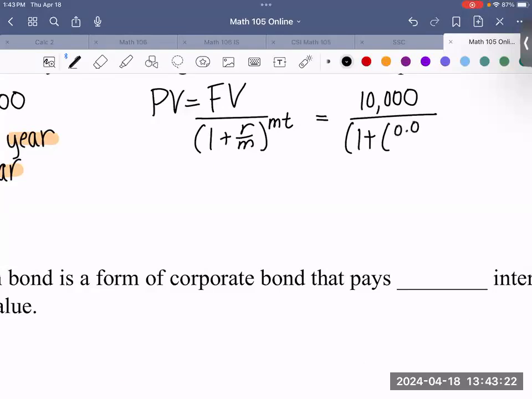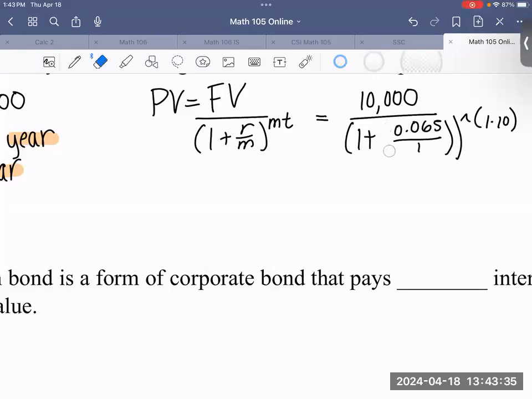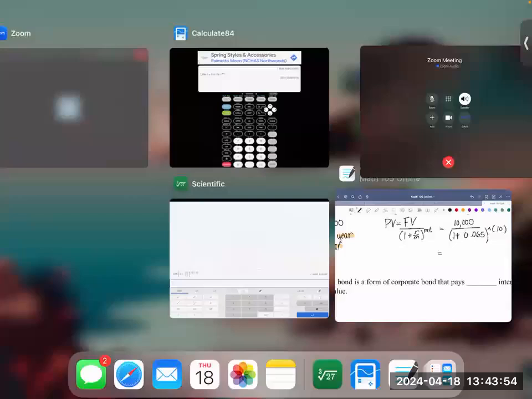If we did do it like this, 6.5 over 1 to the, what was it, 1 times 10, like that. Notice that because it's over 1, it won't make much of a difference. So you can actually get rid of that bit. I might just rewrite this one a little bit better. And 1 times 10 is still 10. So we can go ahead and plug that in.